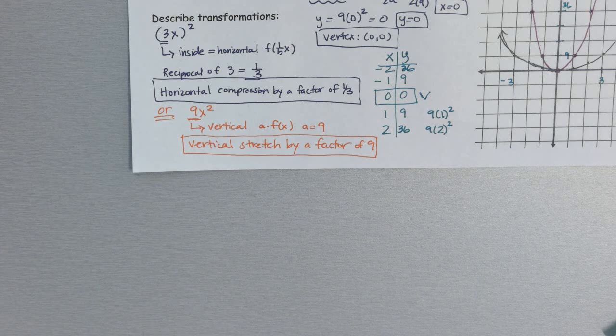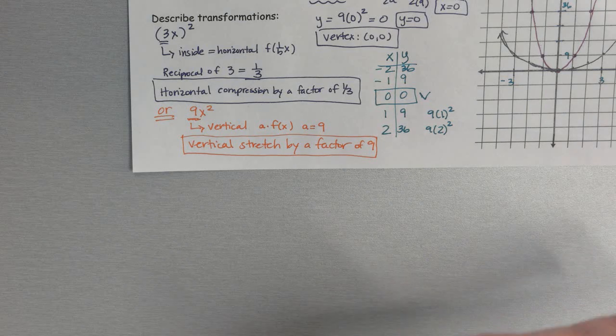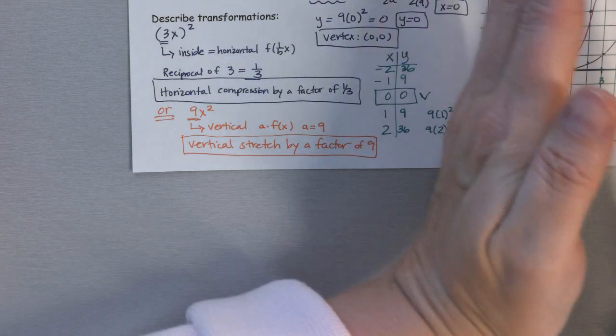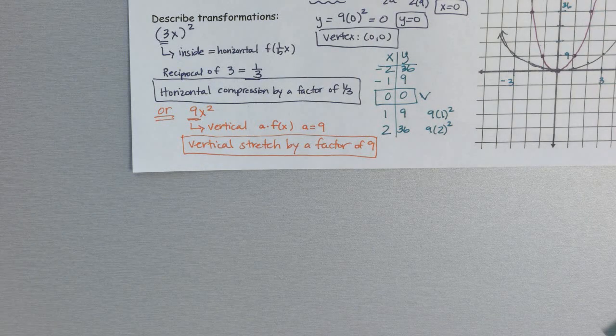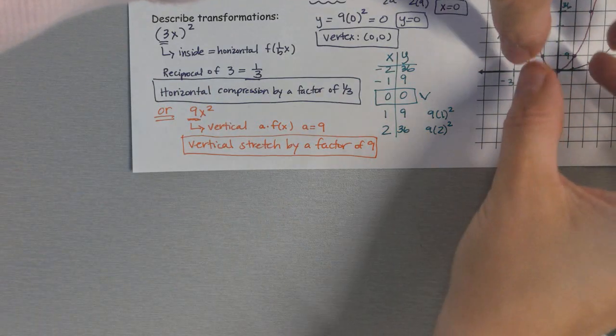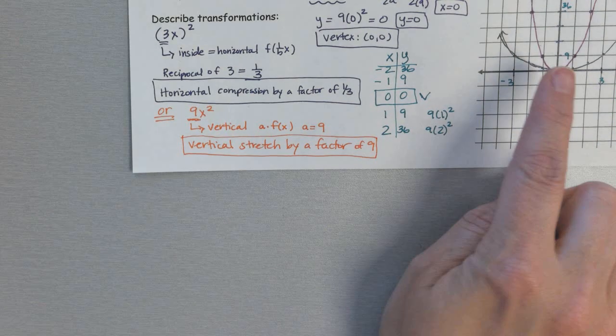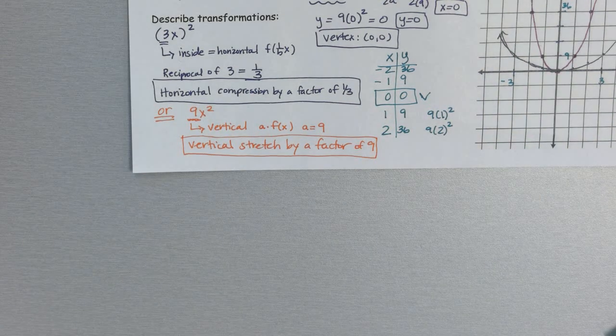So when you are doing a horizontal compression, from left to right, you are crunching it. And so that's what makes the graph narrower. But similarly, if you're doing a vertical stretch, you're pulling it vertically, so up and down, and that also makes it narrower. So the effect on the graph is the same.